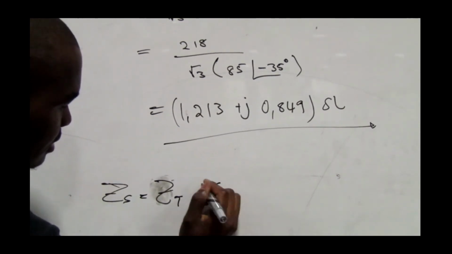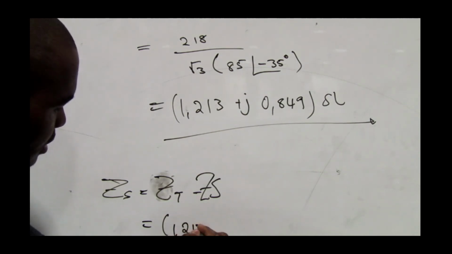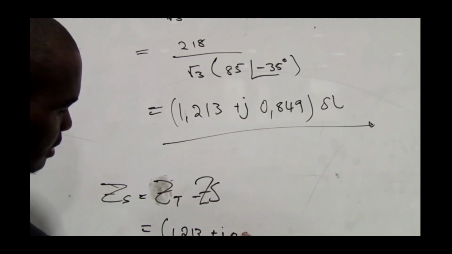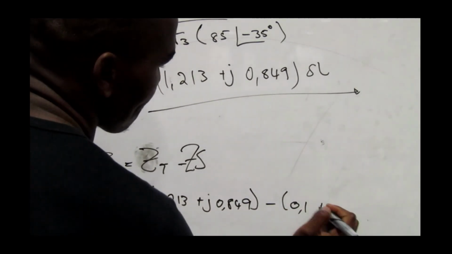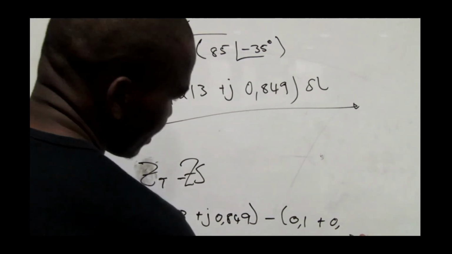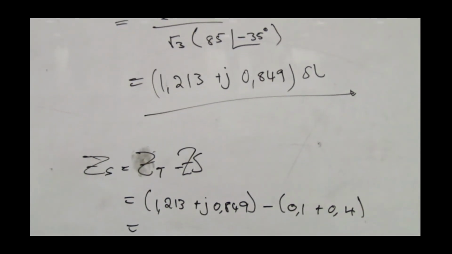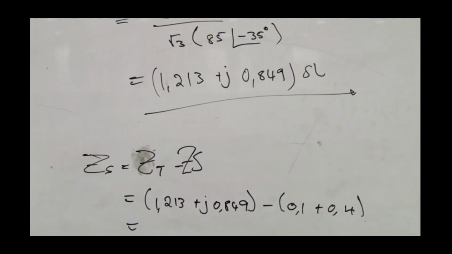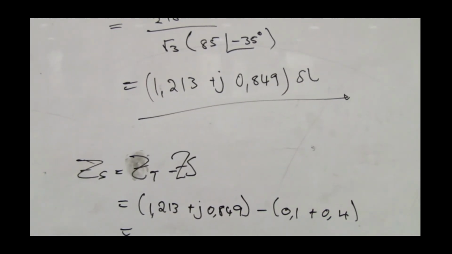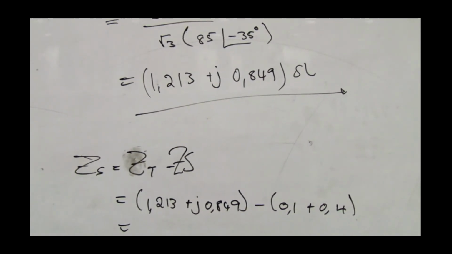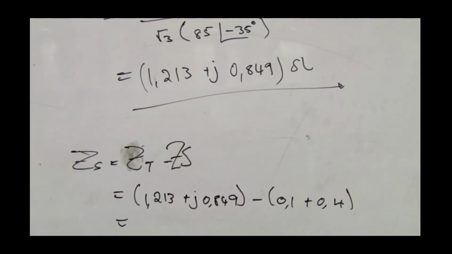total minus Z series, which is going to be 1.213 plus j0.849 minus 0.1 plus j0.4, which is given in the data. And our Z series is going to be 0.849.